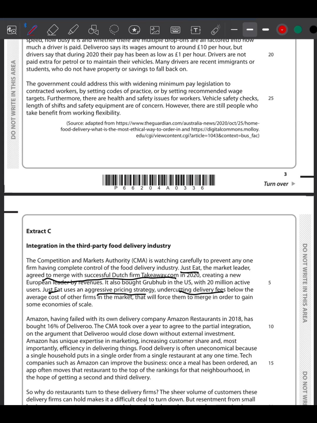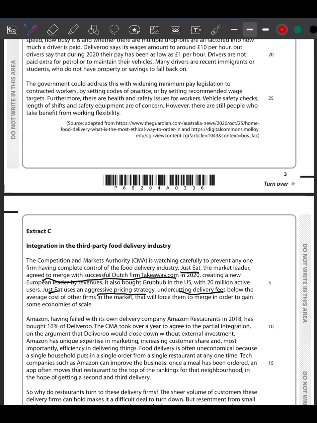And how I would evaluate this is by saying, however, the extent to which consumers may pay lower prices also depends on economies of scale. This is because should certain firms have economies of scale after they merge, then they can indeed offer lower prices.